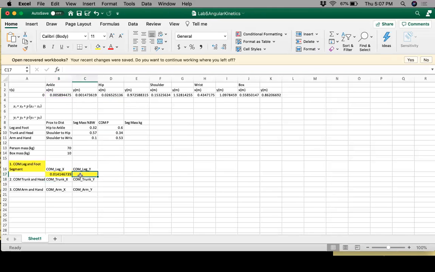I'm going to do the same thing for the y. So my y is going to be equal to my y proximal. Proximal for the leg and foot is the hip. Perfect. And I'm going to add open parenthesis my p-value, which is that 0.6 or 60%, times the difference between my distal y value and my proximal y value.